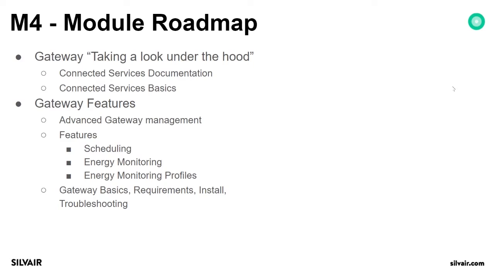As always, remember that connected services documentation is available in our internal knowledge base for partners. Gateway features consist of a few things, such as gateway management, scheduling, energy monitoring, profiles.